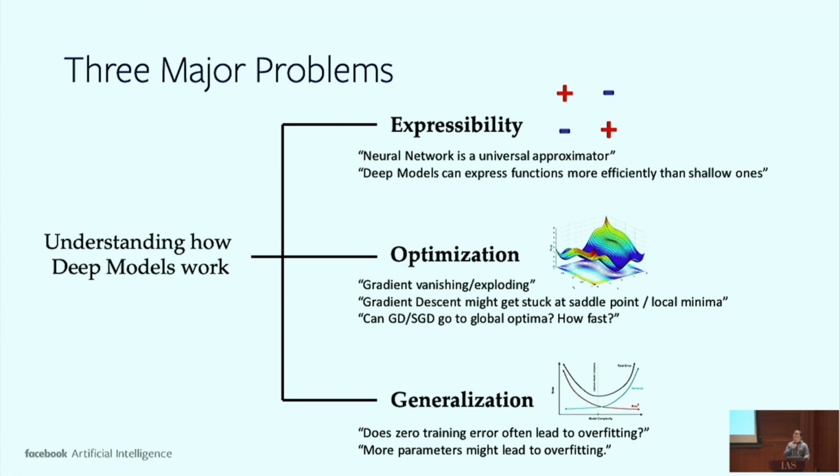In this part there are different directions, like studying whether the gradient is vanishing or exploding, whether SGD or GD can go to the global optimum, and how fast the convergence rate is. And finally, we want to understand, even if we get very small training errors, what are the generalization properties of these trained models.